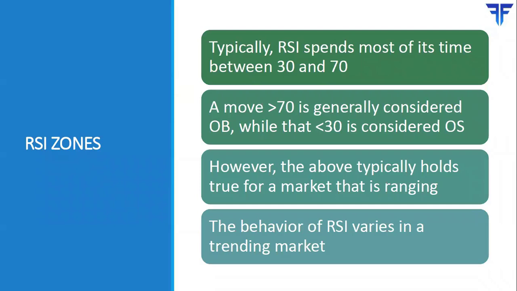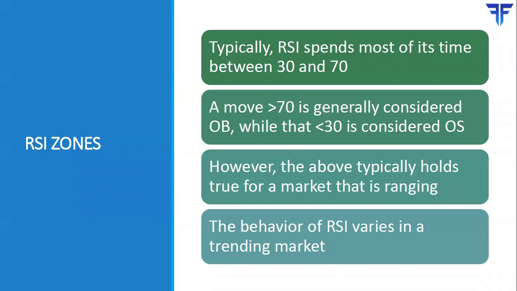However, this 30 and 70 zone tends to hold well in a market that is consolidating or in a sideways trend wherein neither the bulls nor the bears are in control. So in a market wherein neither the buyers nor the sellers are in control, the RSI typically tends to fluctuate between 30 and 70 from the leftmost region of the chart till the rightmost region.